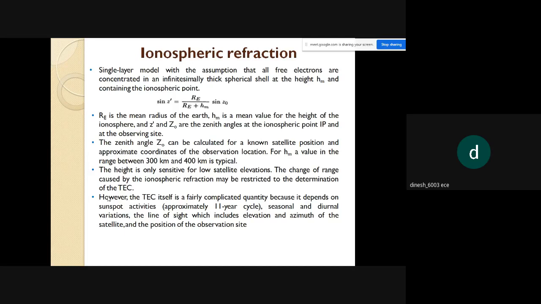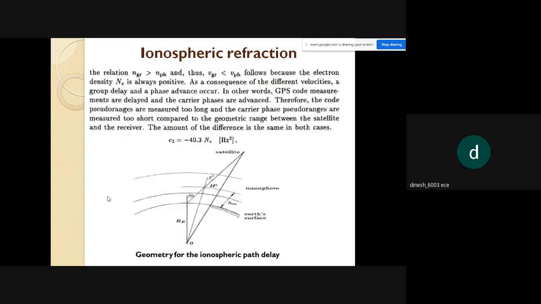Okay. You can see here we have a point, this IP point or the intermediate point, in the diagram. We had said that we have an object here, we have a satellite here, and IP is the angle being created.